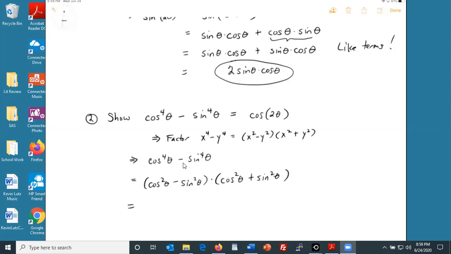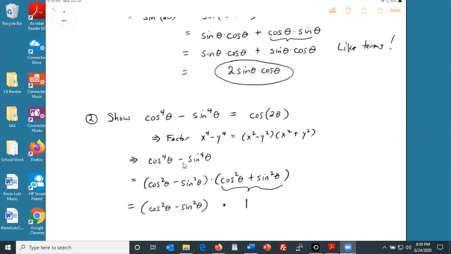Now, do you recognize the second parentheses? Do you know what that is? That's the Pythagorean identity, cosine squared plus sine squared equals 1.